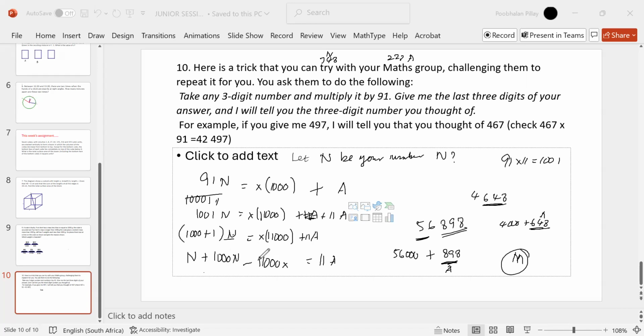If you look at the last three digits of this number on the left-hand side, you're adding 1,000 to this. So the last three digits of this will be the last three digits of N. And that will be equal to the last three digits of 11 times your answer.